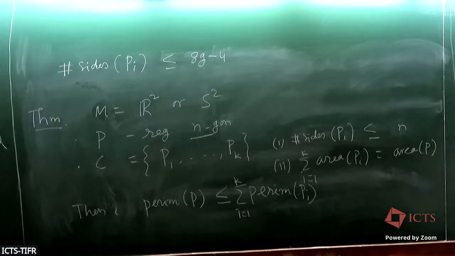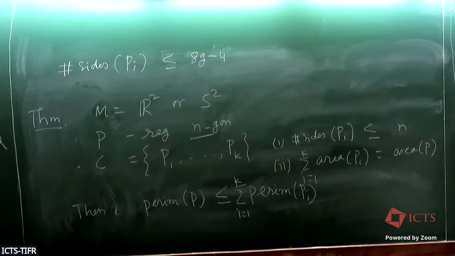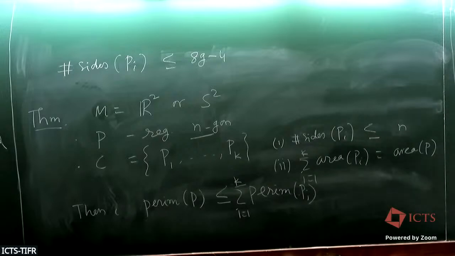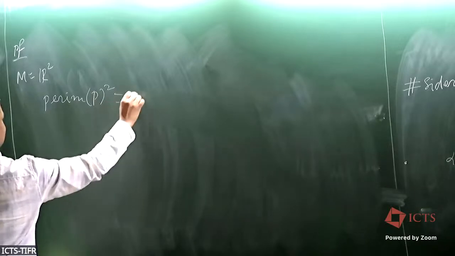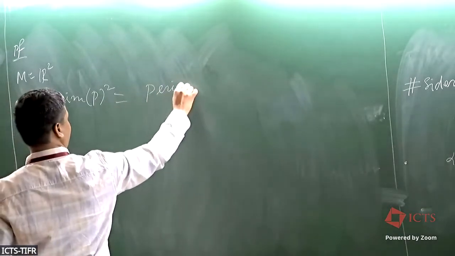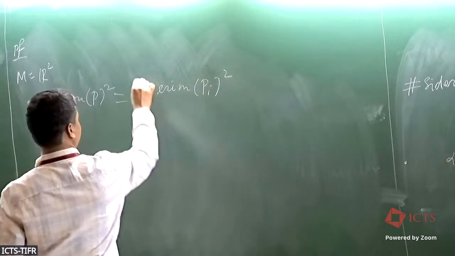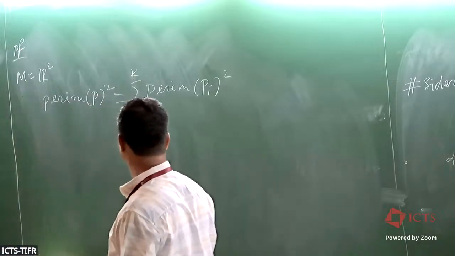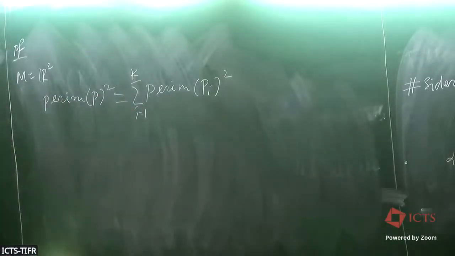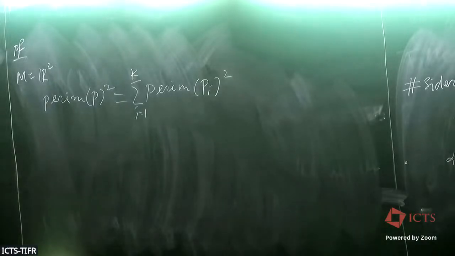So basically, for M equal to R2, what we have is perimeter of P squared equals the sum of perimeter of Pi squared, summation over i equal to 1 to k. For k equal to 2, the perimeter of P and the perimeters of P1, P2 form the side lengths of a right angle Euclidean triangle.